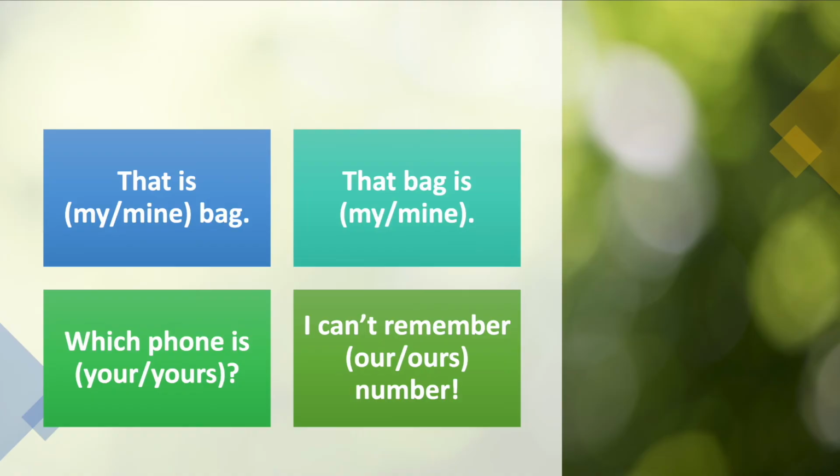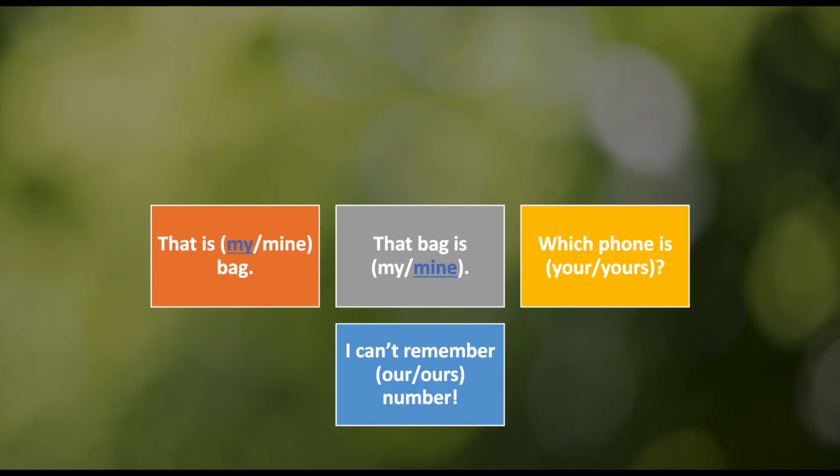Which phone is your or yours? This sentence is an asking sentence or a question. So again, there is nothing that comes after these two options, meaning there is no noun that comes after these two pronouns. Which phone is yours?